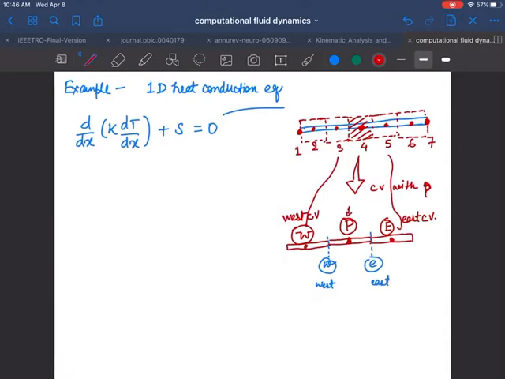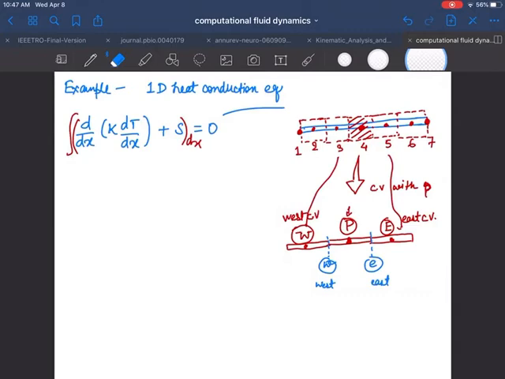Now the next task is, since this is a one-dimensional problem, we don't need to convert the volume integral to a surface integral. Why? This is just a one-dimensional element, so just integrating through dx will work, right?